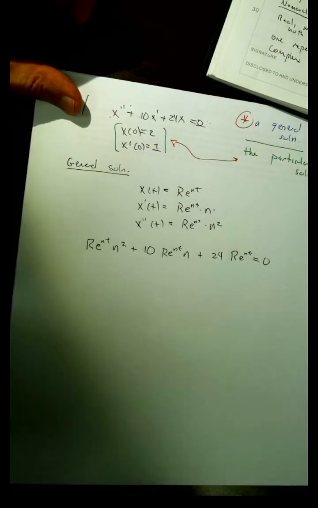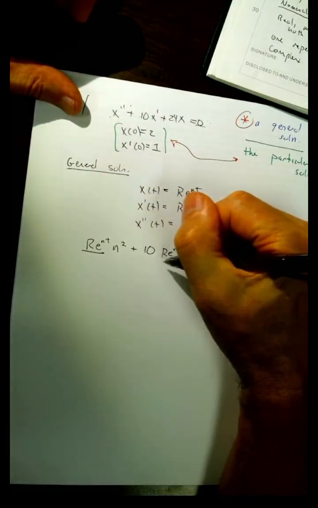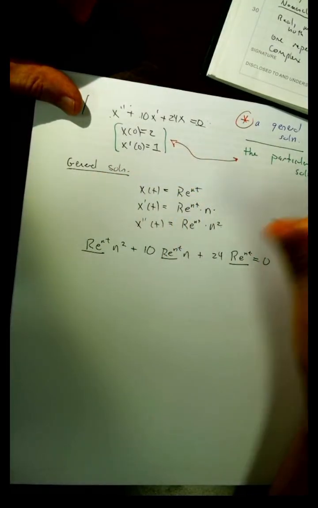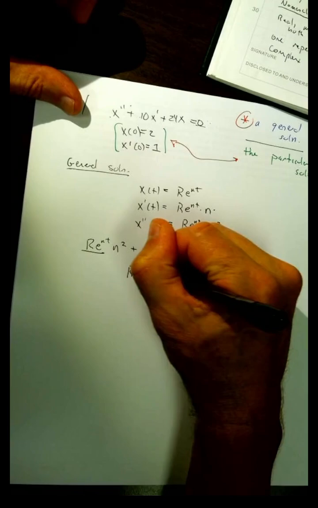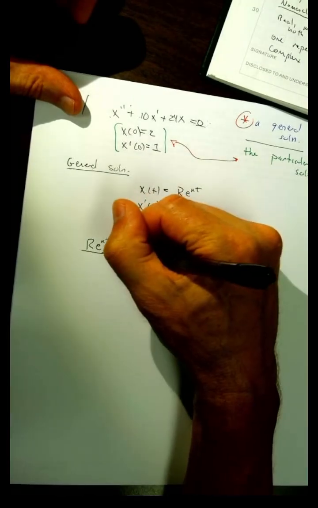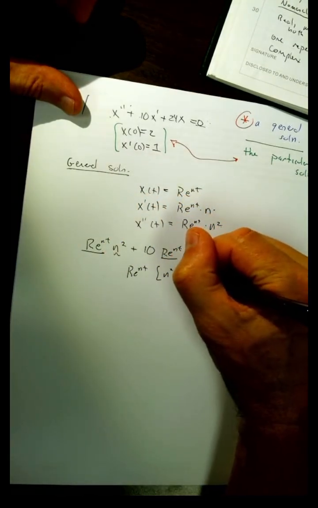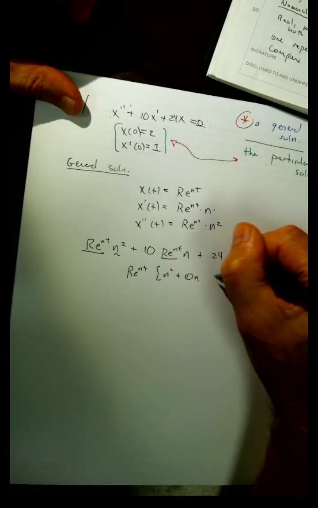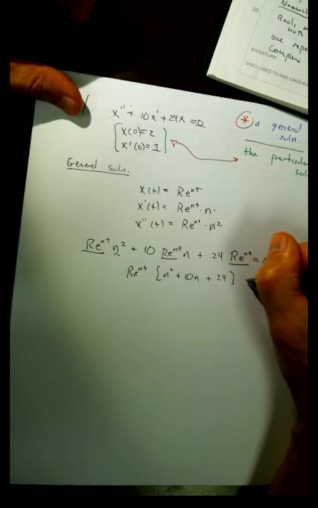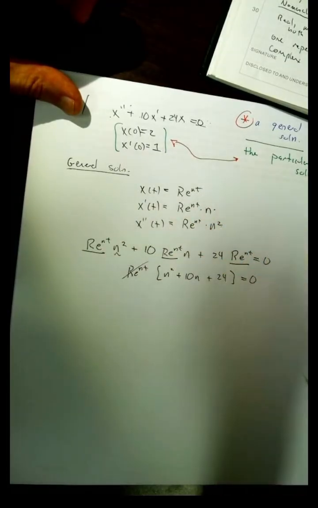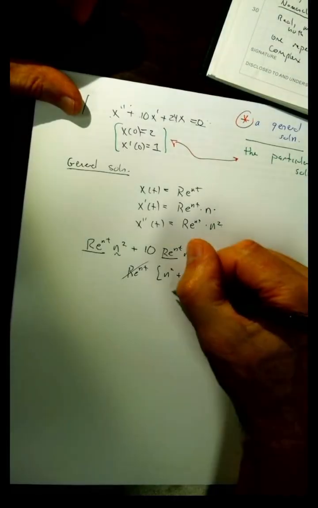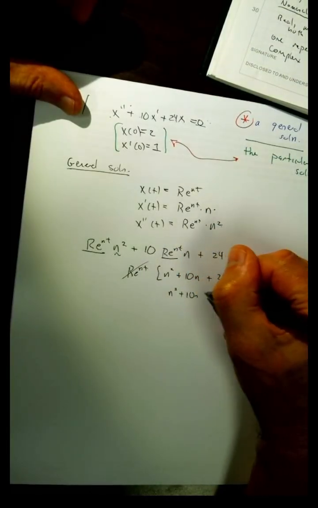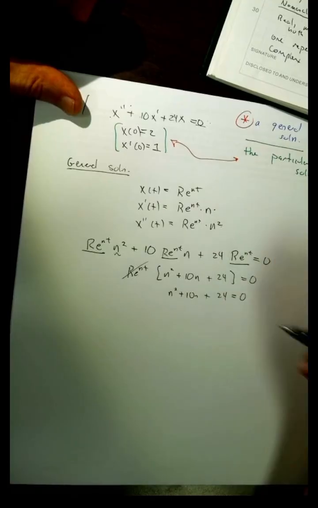So I've plugged into that. I've got an r e to the nt in every term, so I can factor that out. I'm left with an n squared term there, 10n term there, and a 24 there. I don't want r to be 0, so I have n squared plus 10n plus 24 is 0.